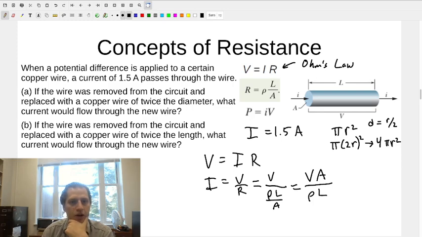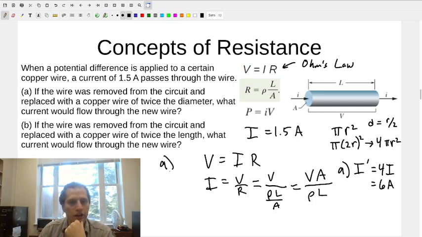So if I double the diameter, I quadruple the area. And so for part A, your I at the end with that new wire is going to be 4 times the initial current. So it's going to be 4 times 1.5, that would be 6 amps.